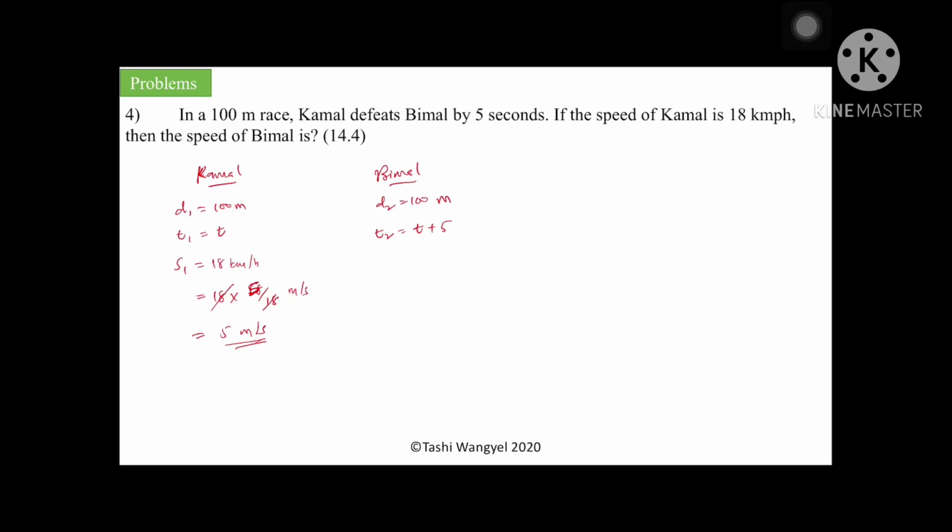Kamal's speed is 5 meter per second. Now we need to find the time.